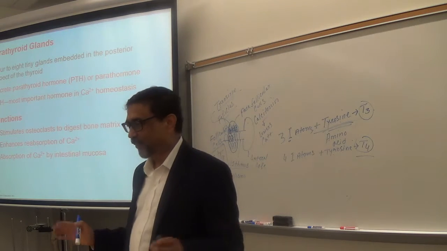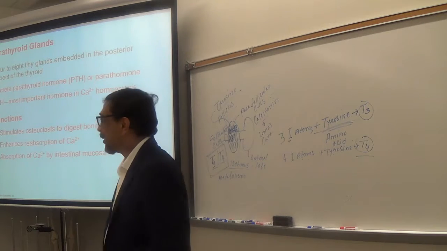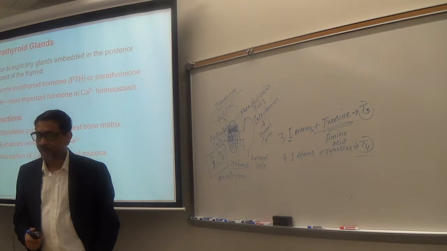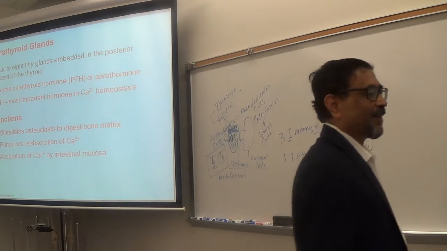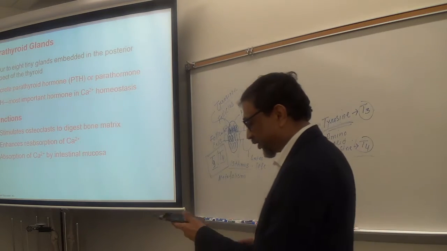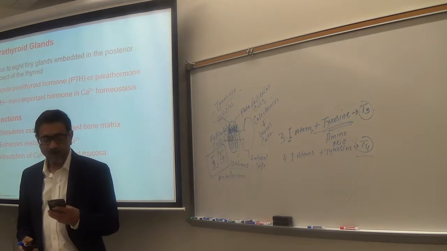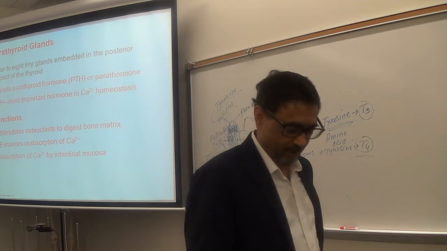You can use any; PTH, parathyroid hormone or parathormone, same thing. I already mentioned parathyroid hormone increases the calcium. So calcitonin lowers the calcium, parathyroid hormone PTH increases the calcium. And by the action of these two, your blood calcium is controlled. Okay?